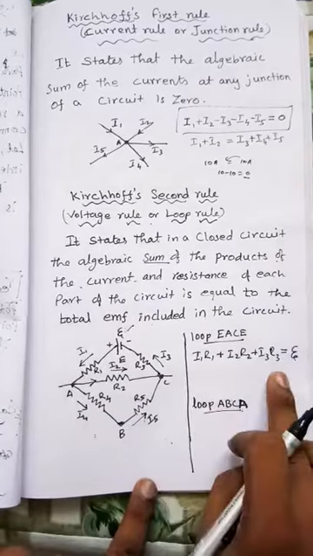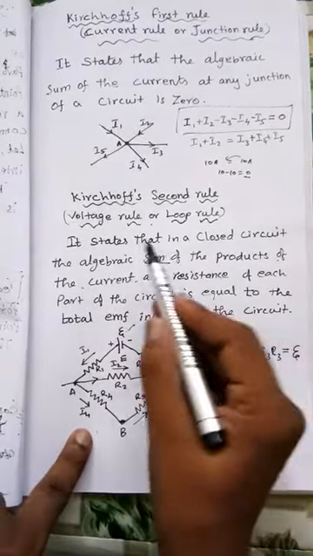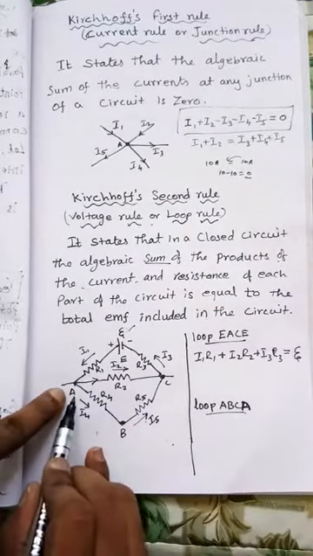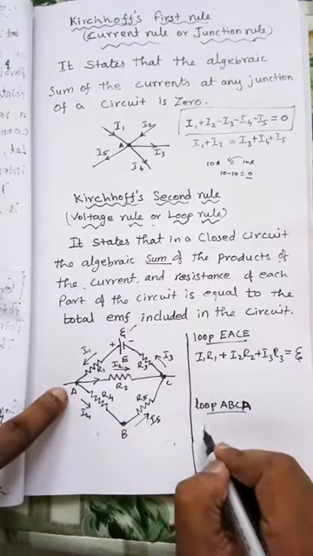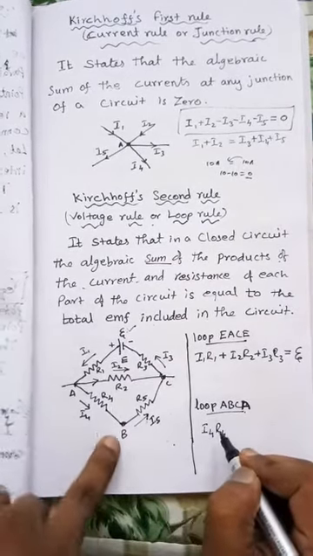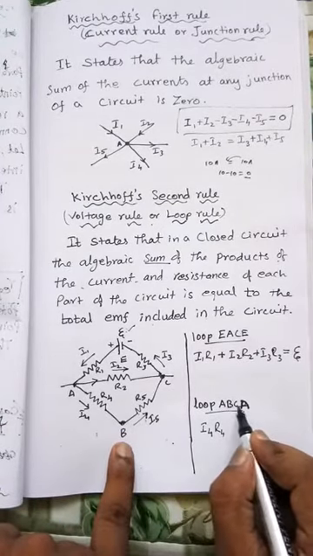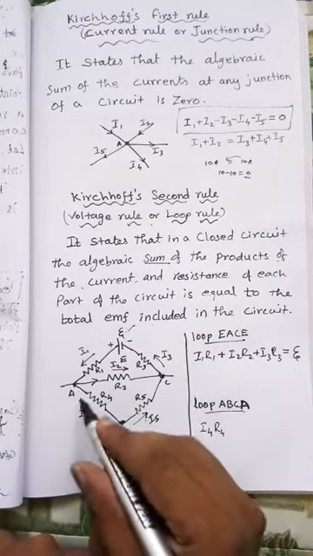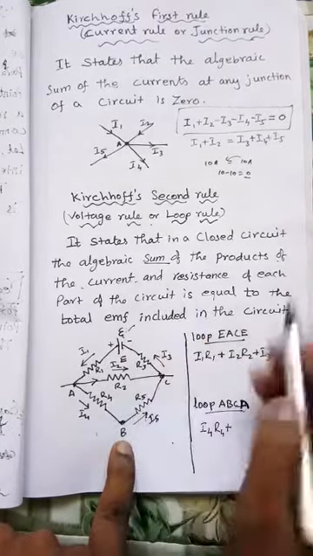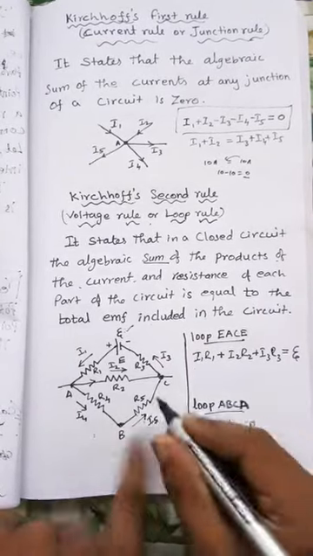So this is the rule. For example, for loop ABCA, if I find the voltage rule for ABCA: AB, I4 into R4, current into resistance. Next BC, plus the product of I5 and R5.